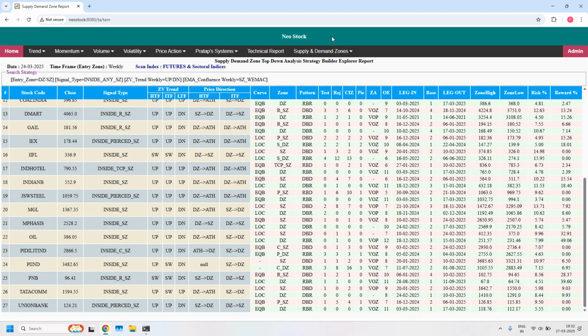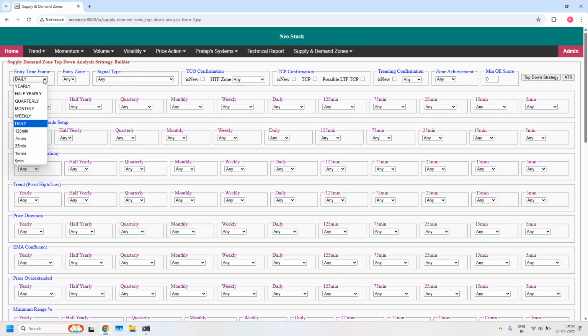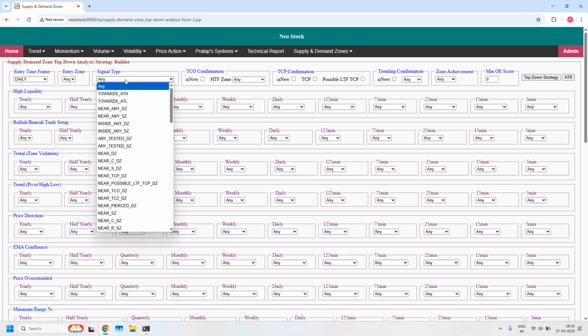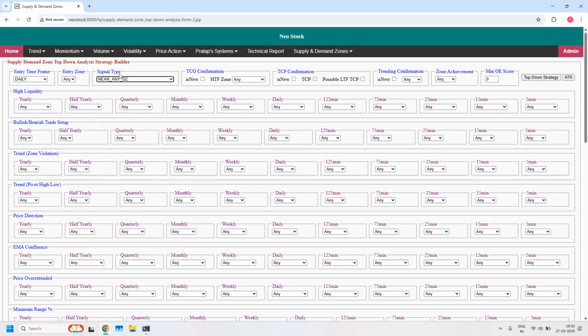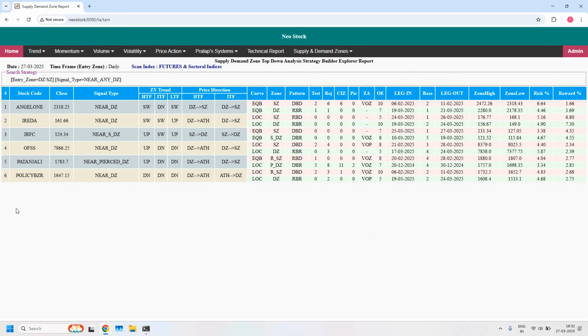Okay, the next time frame is daily. Entry time frame daily. Let us find the stocks near to the daily demand zone. We got 6 stocks. Let us identify high liquidity daily demand zones from this list. IRFC is having a high liquidity daily demand zone.